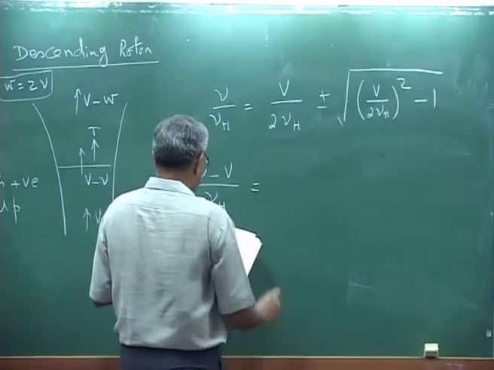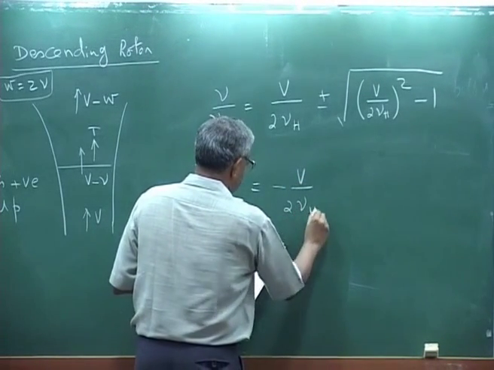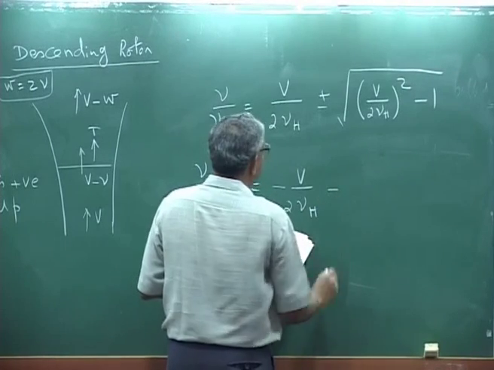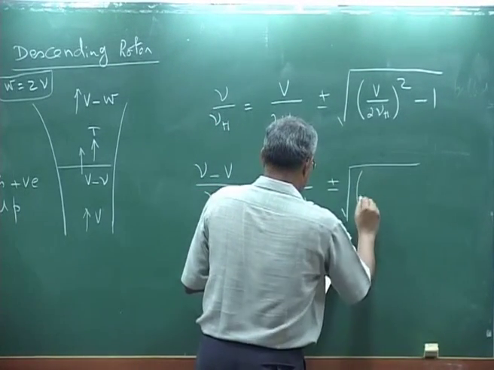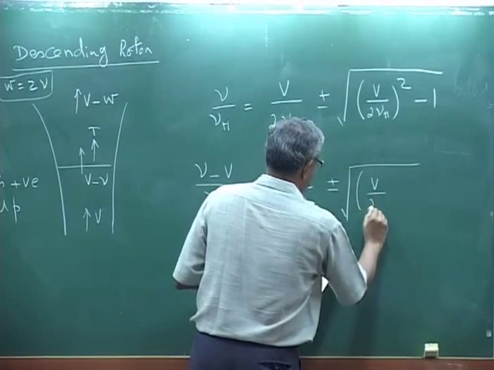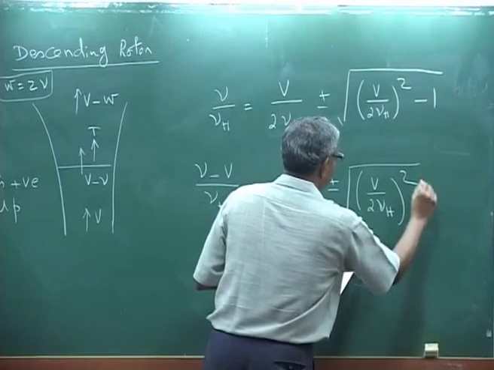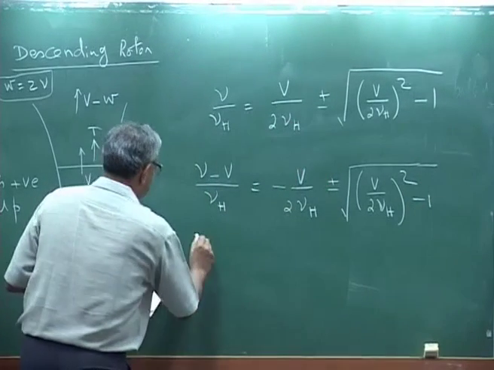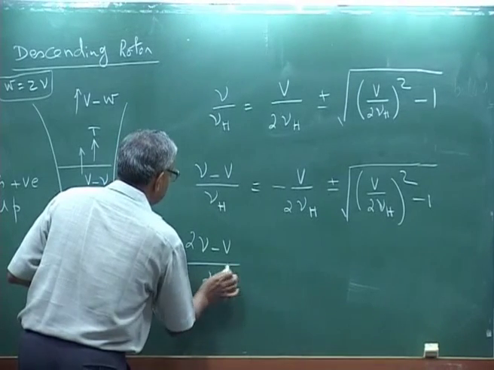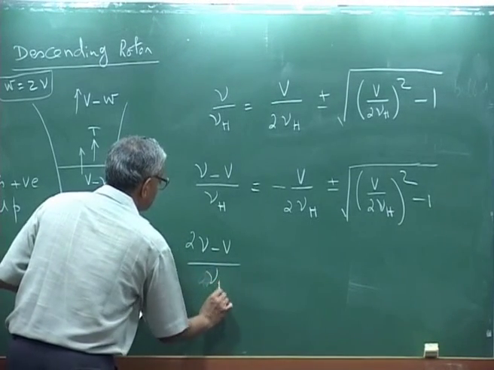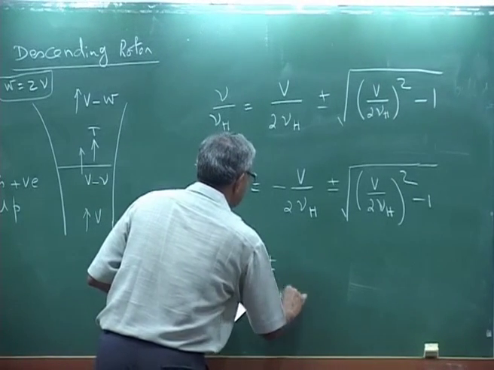I am writing it. We wrote it as minus V over 2 nu h, plus root of, and then 2 nu minus V over nu h. This is minus plus.